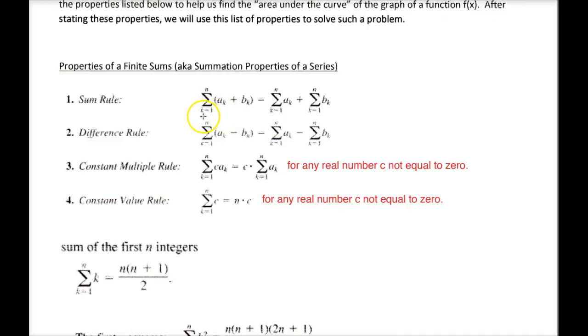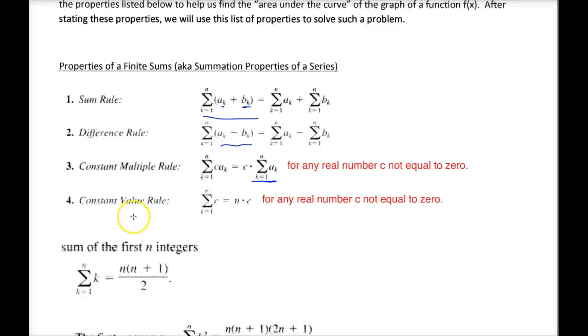Here we have the basic summation rule, which is if we have the summation of two particular sequences, then we can take the summation of each one separately and then just add those together. Same thing for the difference. The constant multiple rule says if we have some sequence that's a multiple of another one and c is any non-zero number, then we can factor that out, figure out the sum of the sequence, and then multiply that answer times the constant.